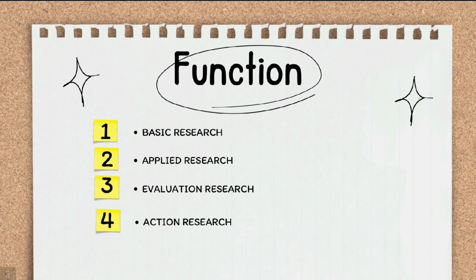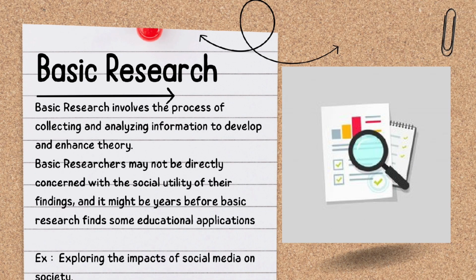Next are the functions of educational research. There are 4 functions: basic research, applied research, evaluation research, and action research. The first function is basic research. Basic research involves the process of collecting and analyzing information to develop and enhance theory.